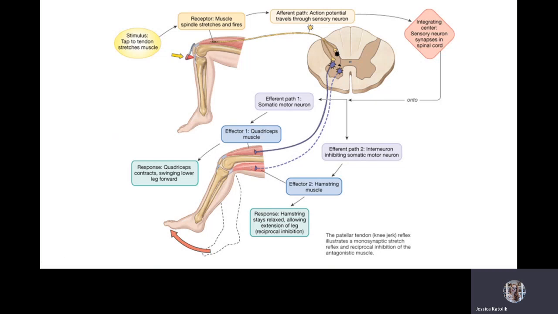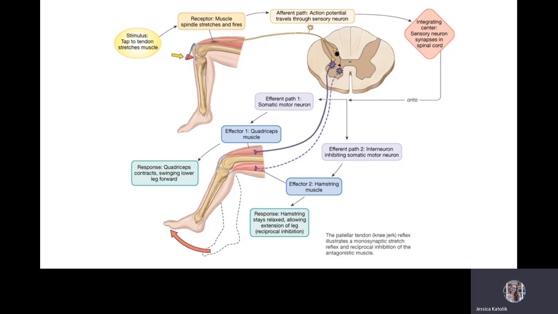So what you can already see is that even the stretch reflex that we talked about very simply can be more complicated, and we can have a better response when we have more complex neural circuitry. The knee will have a much easier time extending when we have one motor nerve being stimulated, and another motor nerve being inhibited.